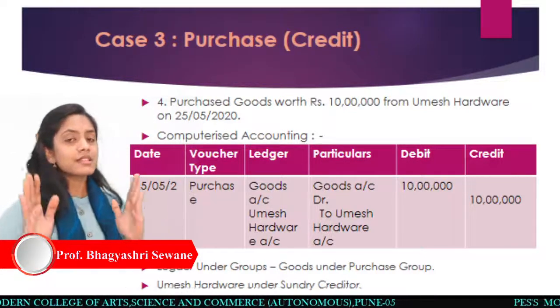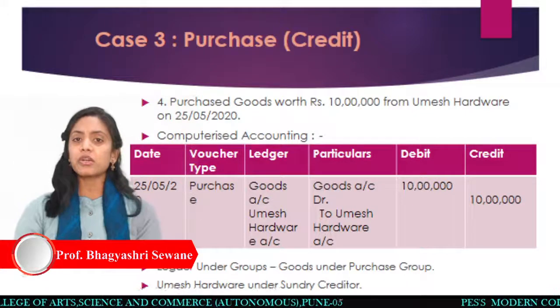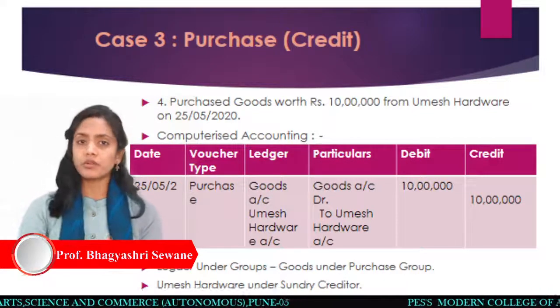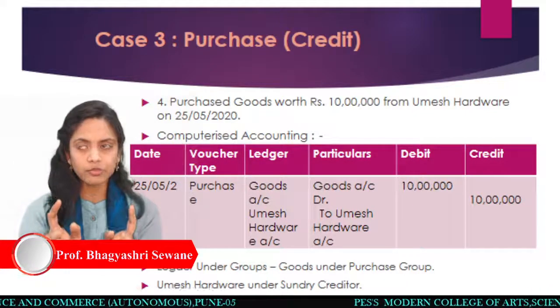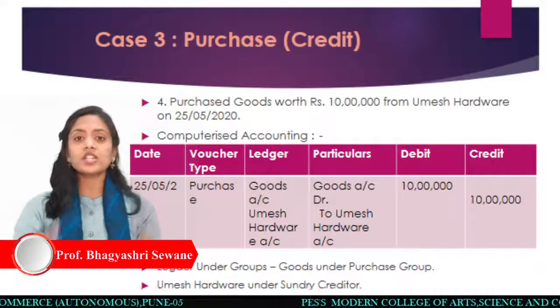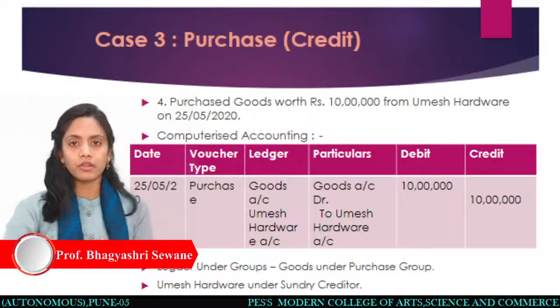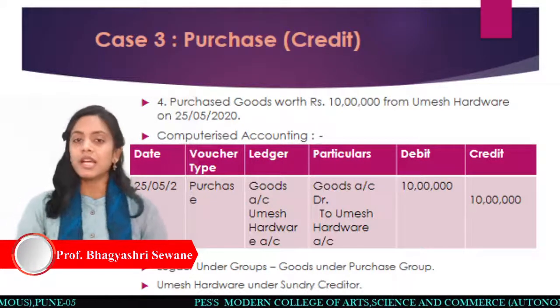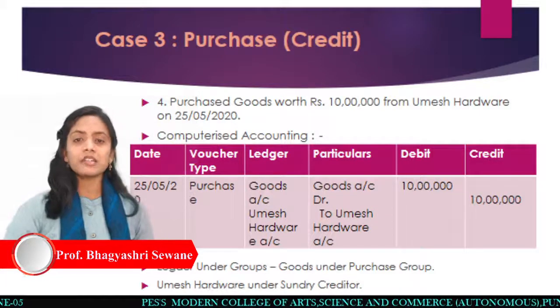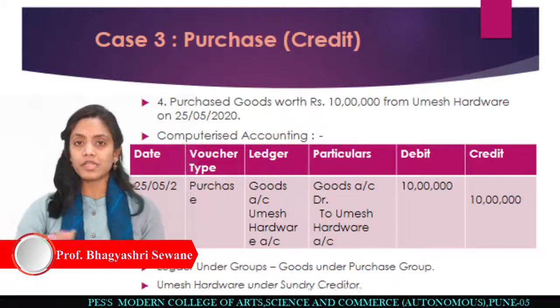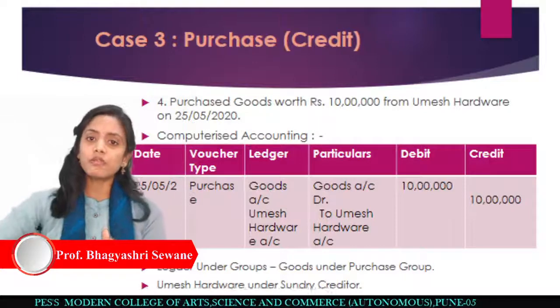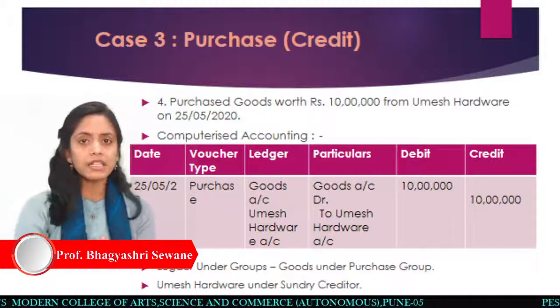As you know that this is technology, right? So technology can work in a different way also. The same function can be performed in more than one way, right? So we have seen right now how to create ledgers first, and with the help of these ledgers we will go to the voucher entry. That will be the different part.